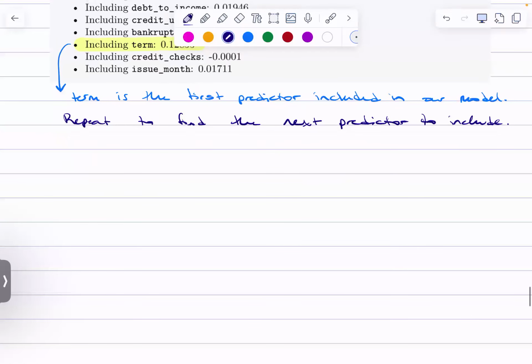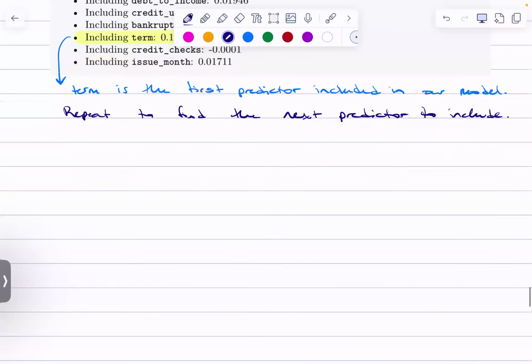So, often, not always, but often, backward selection and forward selection yield different models.